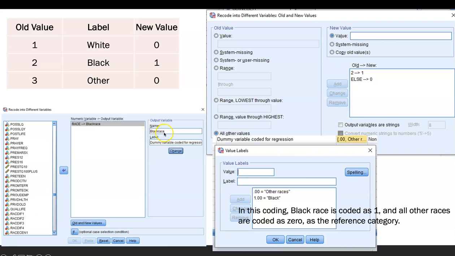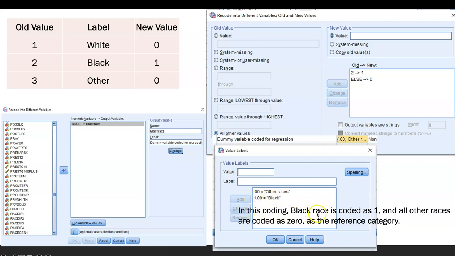So in the dummy variable coded for regression, 2 is 1, and everything else will be 0 because white and other will be coded as 0. So 0 is other races, 1 is African American.